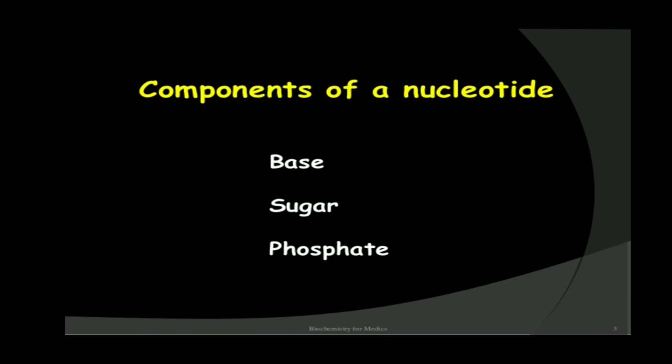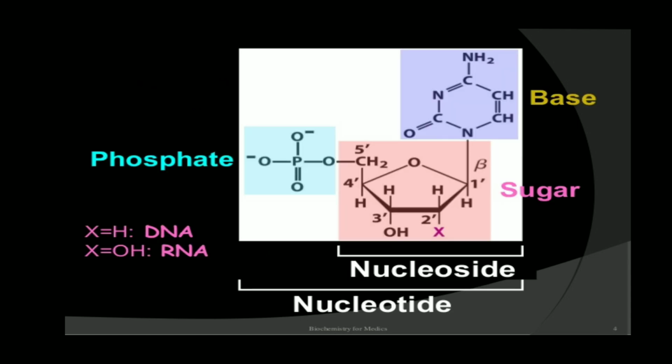The sugar is deoxyribose sugar, and the phosphate group is also present in DNA. That's why DNA is negatively charged, and chemically acidic in nature, because of the presence of phosphate groups. We will learn about this in detail.